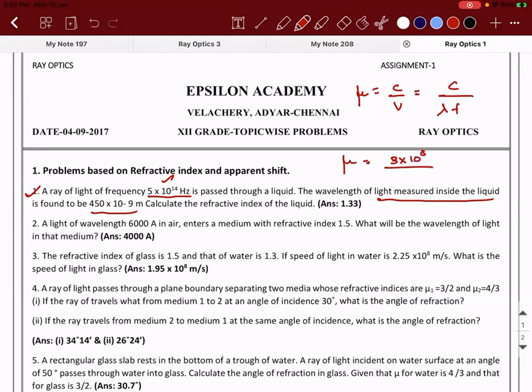Correct? This is right. On solving this, you will get the answer as 4 by 3. You can try and see, you will get 4 by 3, which is going to give you 1.33.